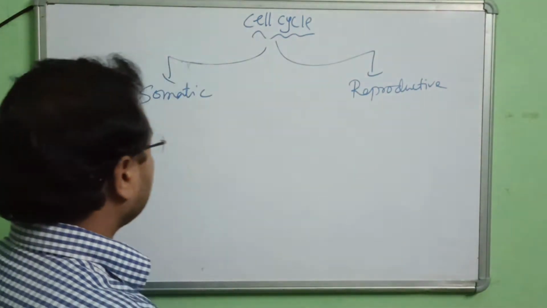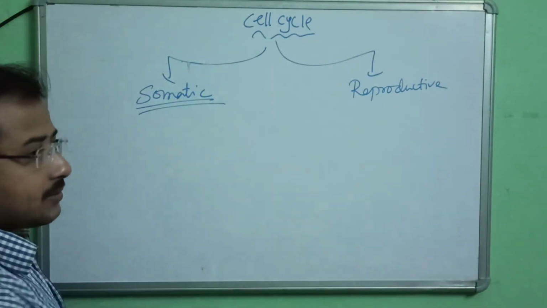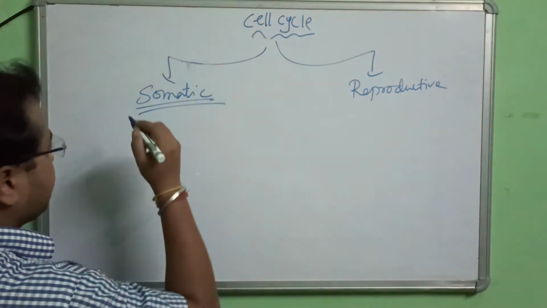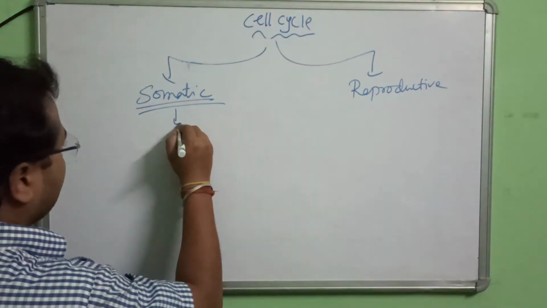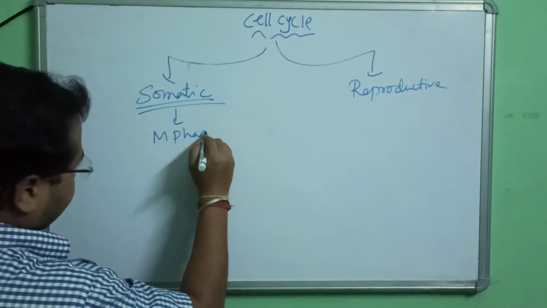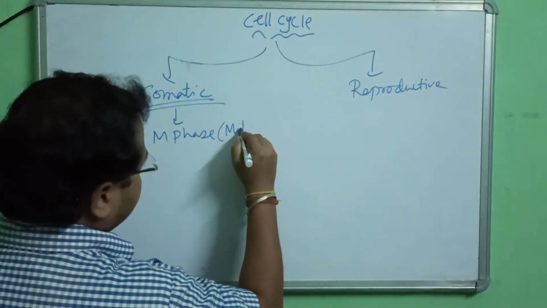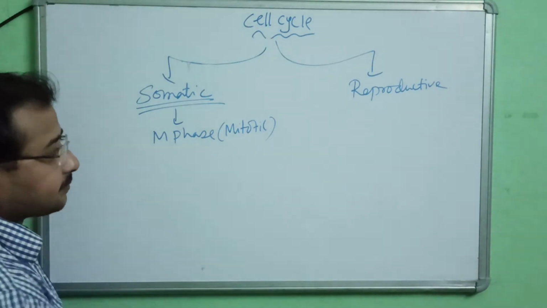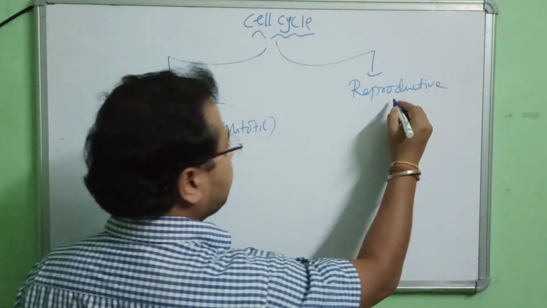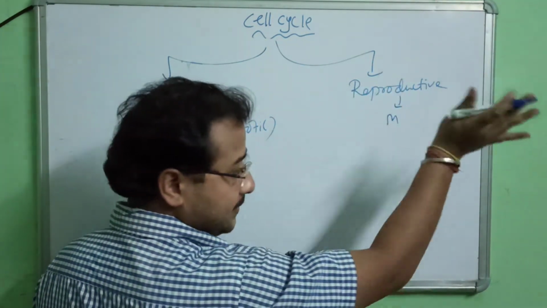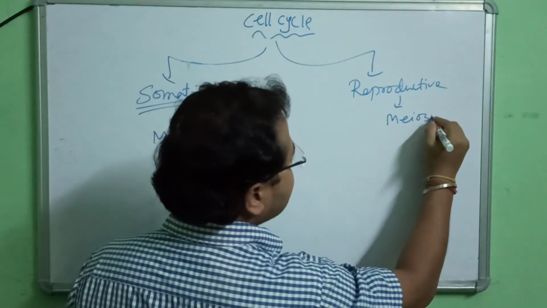For somatic cells, what happens? Somatic cells undergo M phase, that is mitotic phase, and reproductive cells undergo meiosis cell division.